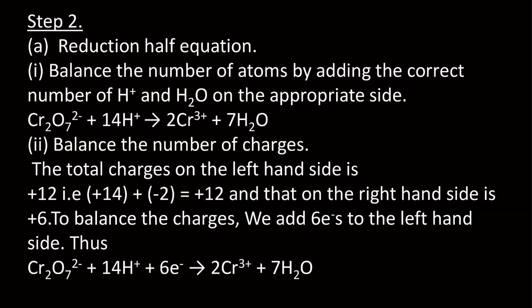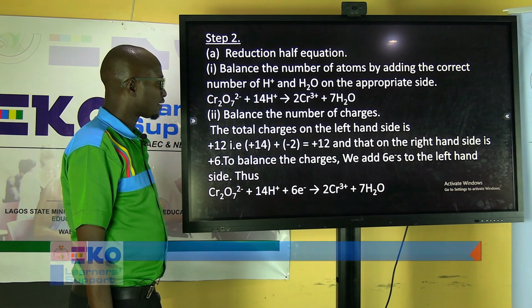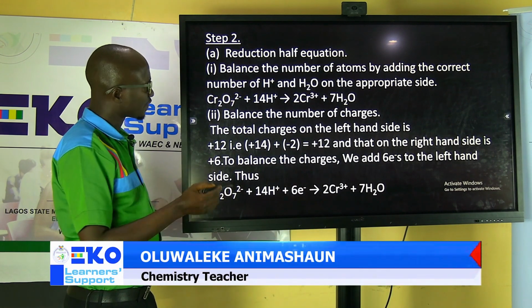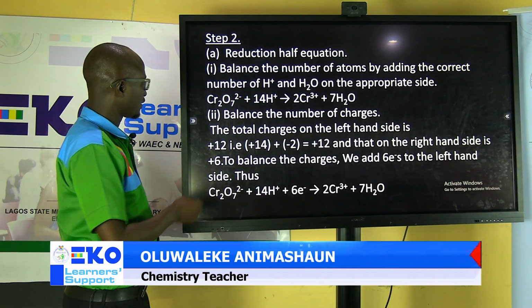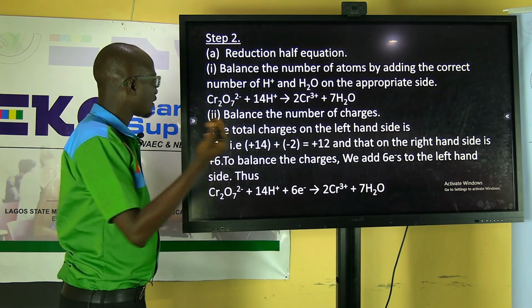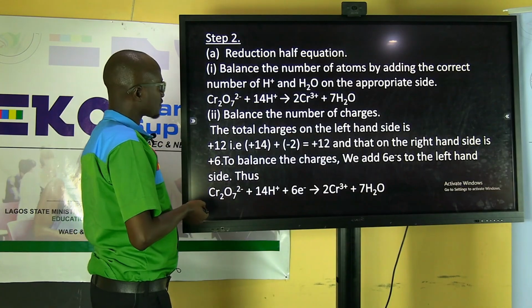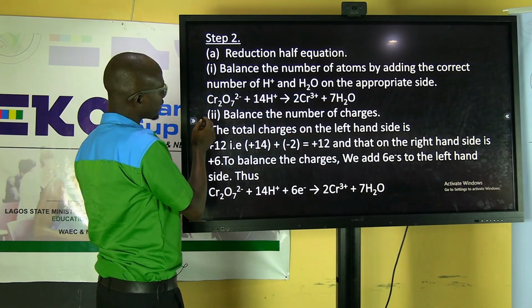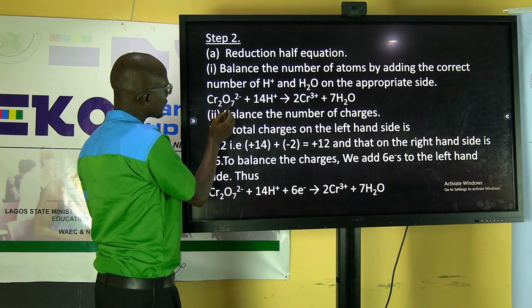So step 2, what do we do? We balance the number of atoms by adding the correct number of what we see displayed on the screen. Let me explain it in a very simple way. Balance the number of atoms. How do we balance the number of atoms? If you look at it very well, there is 7 oxygen here.